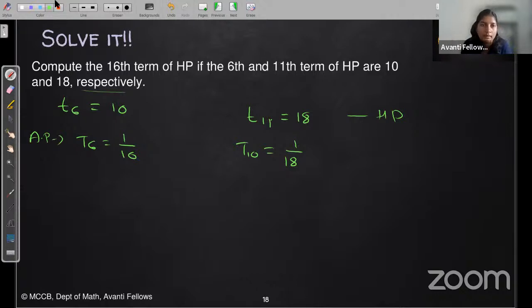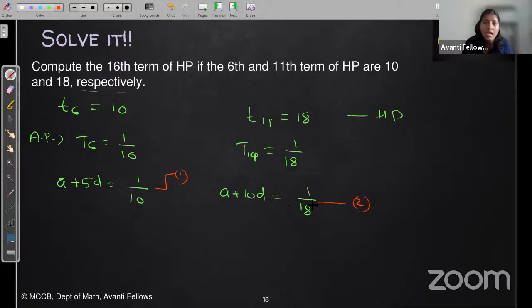Now T6 is A plus 5D, which is equal to 1 by 10, and T11 is A plus 10D, which is equal to 1 by 18. Consider this as equation 1 and this as equation 2.